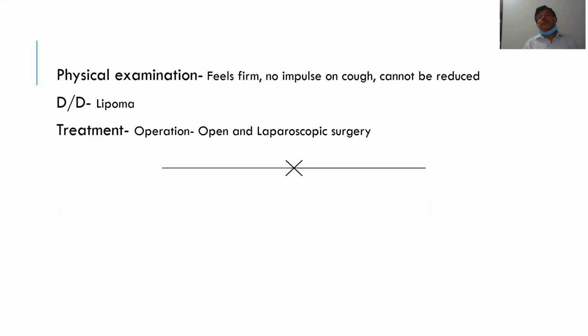Physically, if you examine, as it mainly contains extraperitoneal fat in the initial stage, it feels soft. If a part of the omentum enters, then it may be hard. Usually the typical signs of hernia, one being the impulse on cough, which should be present, and the other being reducibility, which should be possible, are negative here.